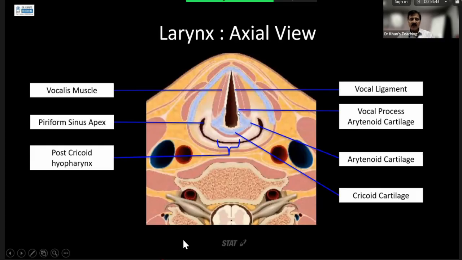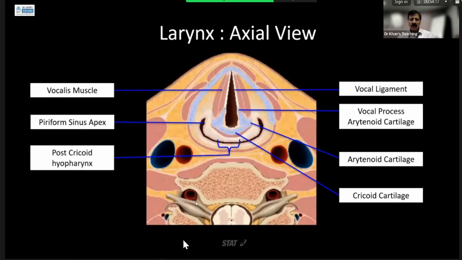And this is the only slice. If you see here where you can see two cartilages, this is the cricoid cartilage anteriorly, this is the arytenoid cartilage. When you see two cartilages together, you should know that you are at the true chord level. So this is the key tip to remember.